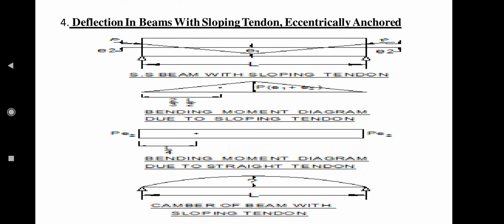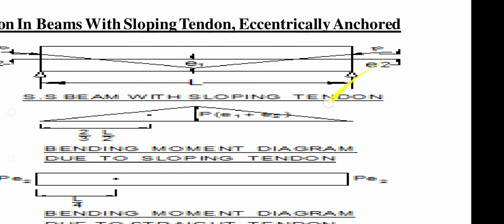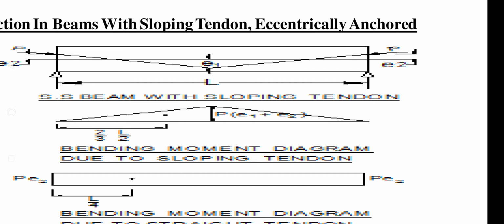So to calculate and to draw the bending moment diagram for this condition, we will use P into E1 plus E2. So this gives bending moment diagram at the midspan, and for the end supports the moment is P into E2, that is eccentricity into force, we will get moment.